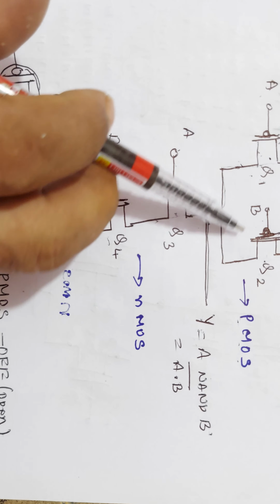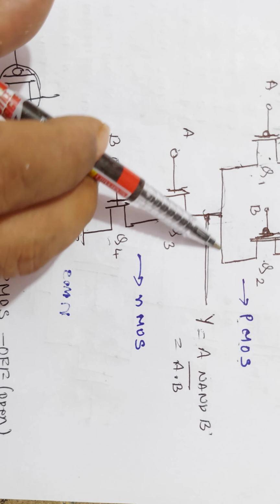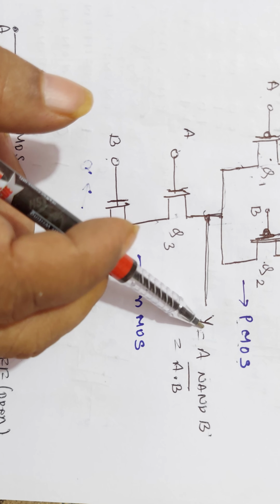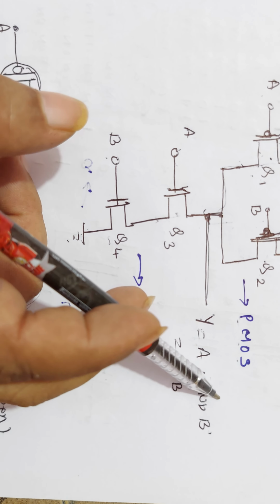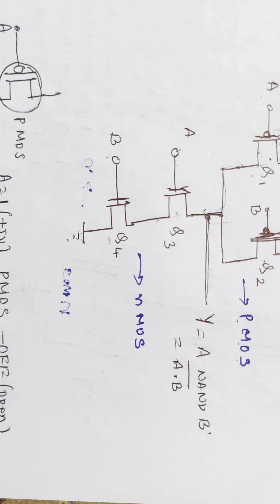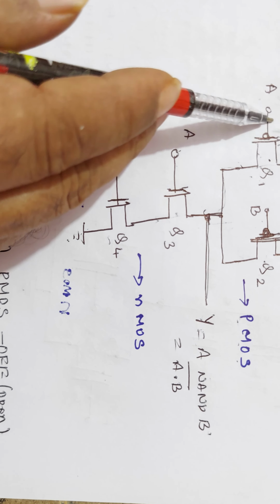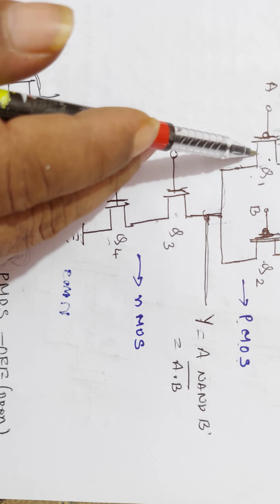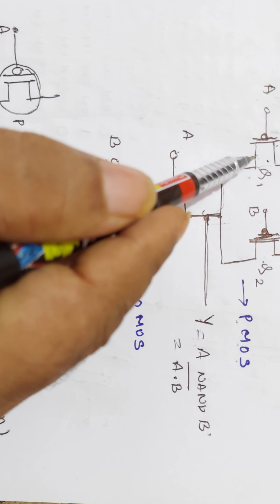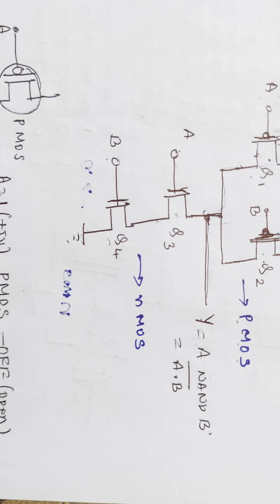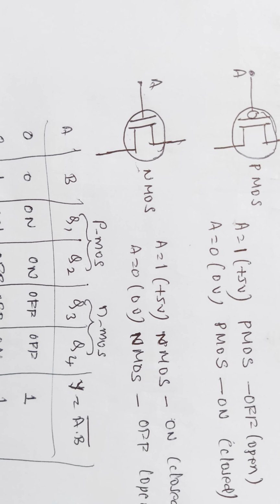The current will flow through Q2 to the output Y. Therefore, output Y should go to 1.